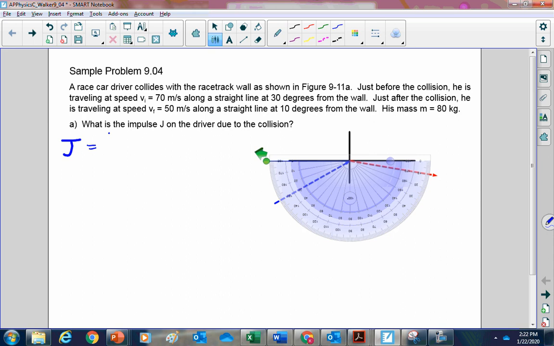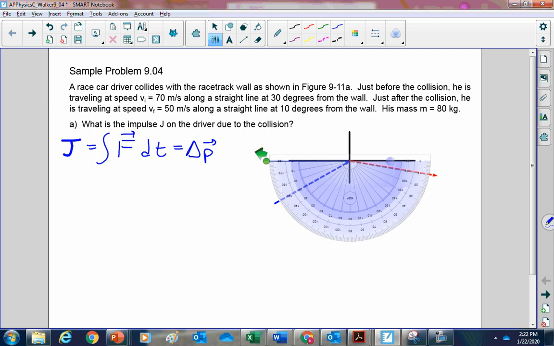So that's one way to find this. But the other way to find this would be change in momentum. So that's going to have to be how we find it in this case. And then you'll see that in part B, we are given the time and asked for the average force. So we'll end up finding that later.